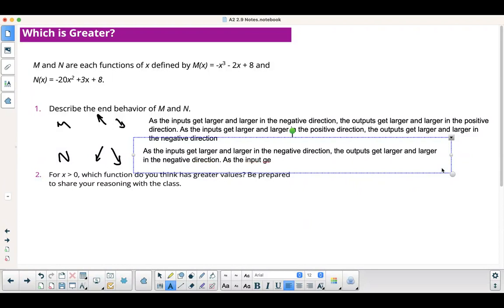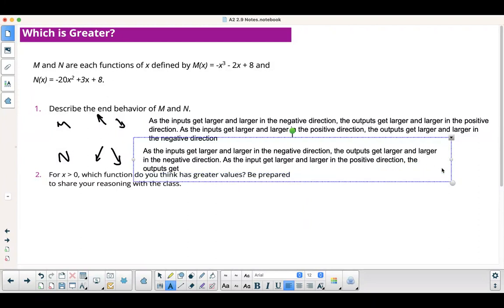As the inputs get larger in the positive direction, you could combine both of those. You could say, as the inputs get larger and larger in the positive and negative direction, the outputs get larger and larger in the negative direction. I just wrote it twice.